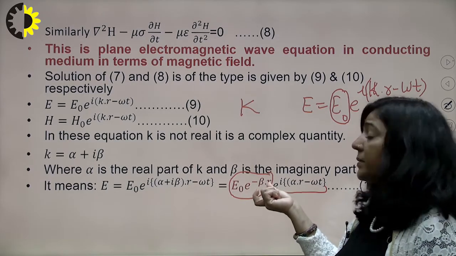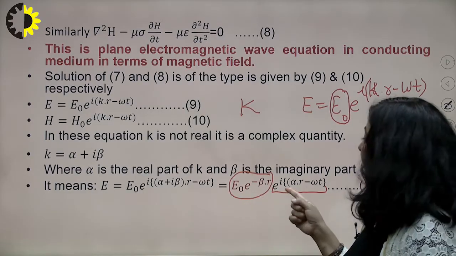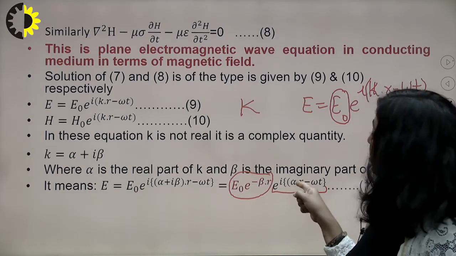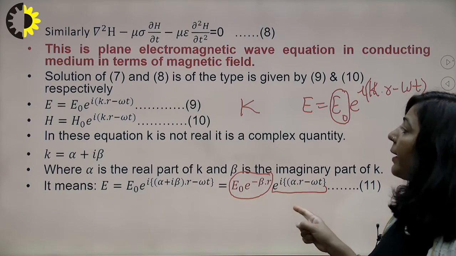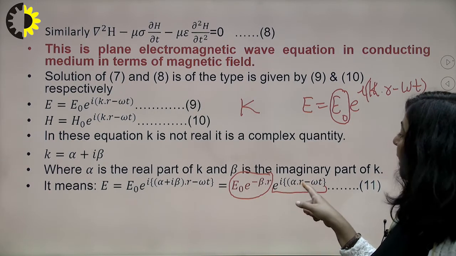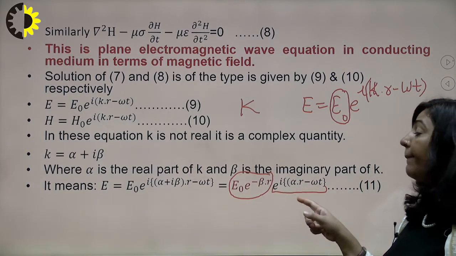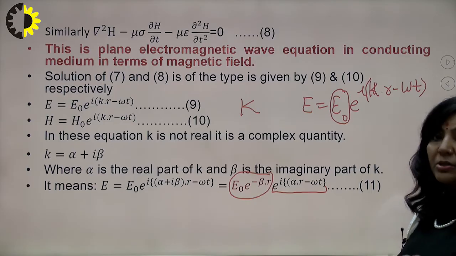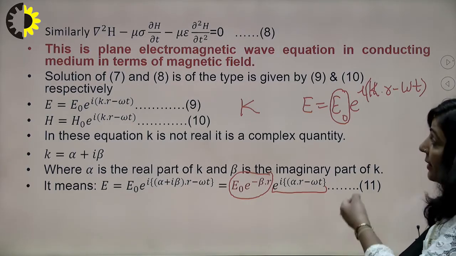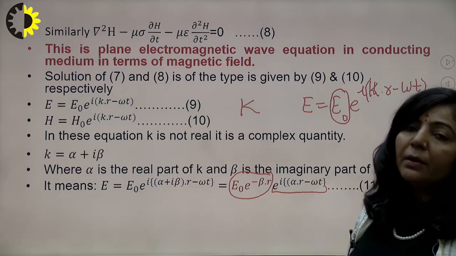But if you see here, this E is E naught into this exponential term, and if you carefully see this term, it represents the exponential decay. The second term is e raised to power i(alpha dot r minus omega t). If you observe here, instead of k you have alpha, meaning the real part of the propagation vector is playing the role of k, just as in free space you have propagation vector k.